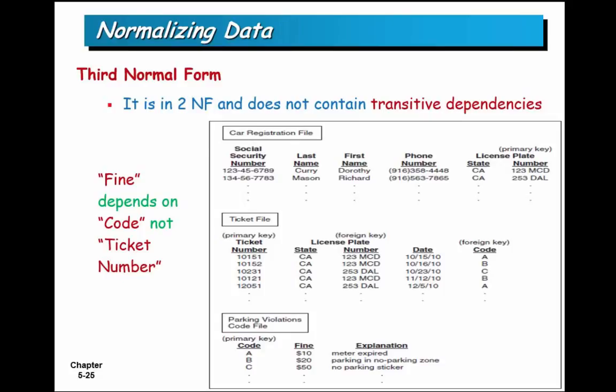The third normal form is the second normal form, except it does not contain transitive dependencies. Anybody remember, I think it was algebra in high school, the transitive property in algebra? A therefore B, B therefore C, so A therefore C. It's kind of transitive. Remember?